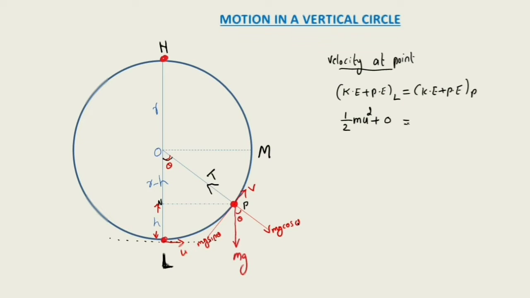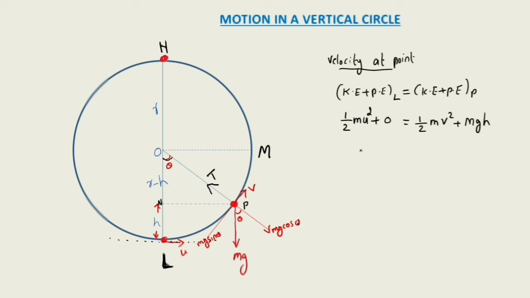That is equal to the kinetic energy and potential energy at the point P. What is the kinetic energy at the point P? We can write half into m into v square, where the velocity is v, plus the potential energy. The object of weight mg is raised by a height h, so the potential energy is mgh.